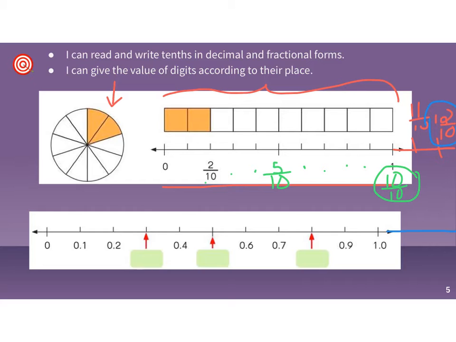If I've got 10/10, that means I have 1 whole. If I've got 11/10, that would mean 1 and 1 more tenth. How about 12/10? 1 whole and 2/10 of the next. So keep that in mind as far as visuals go when we're talking about improper fractions and decimals.